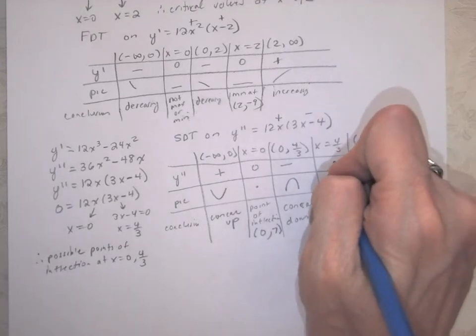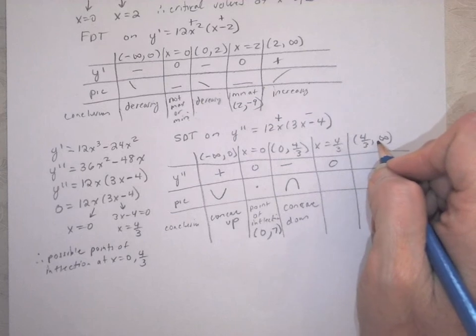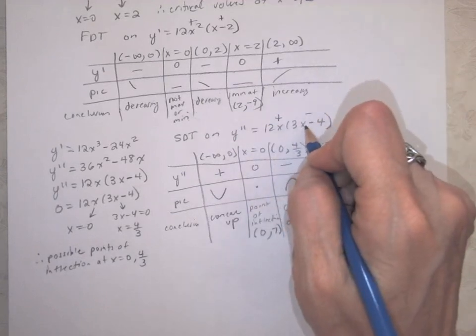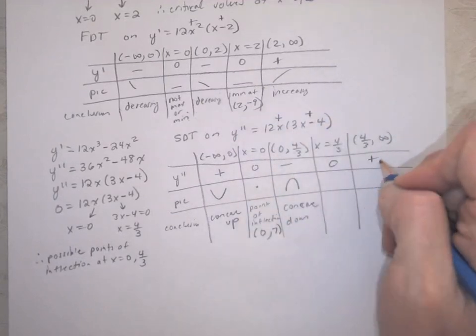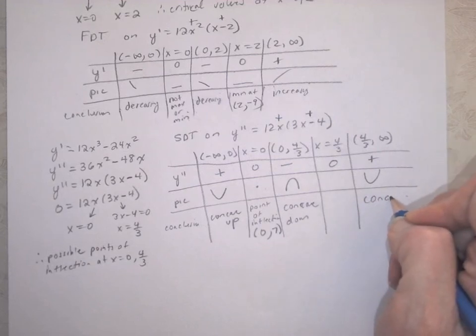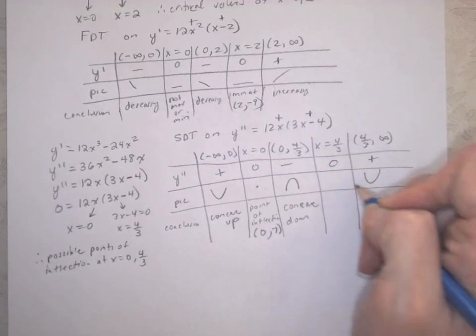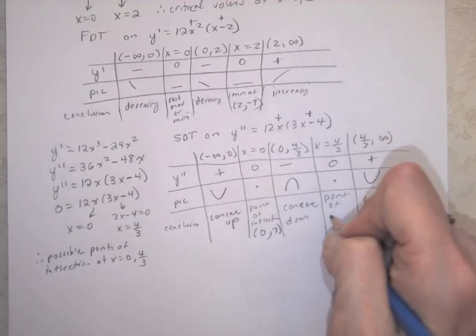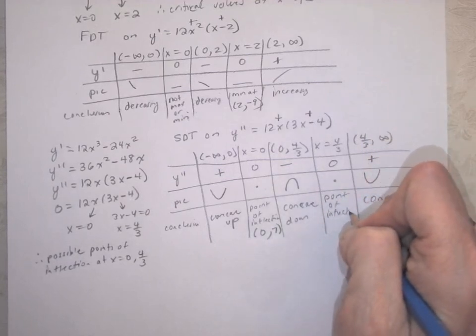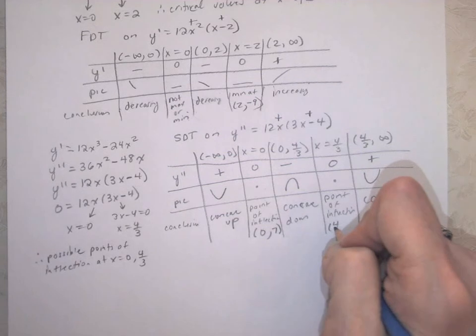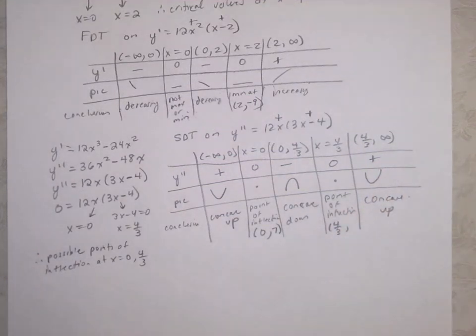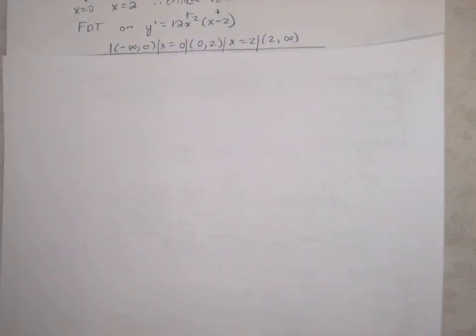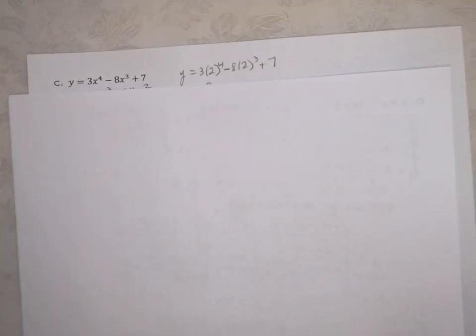X equals 4/3 would make this 0. So this is a number like 2, which would make this positive as well. So we're concave up again. So we have another point of inflection, this one at 4/3. And then we have to figure out what happens when we sub 4/3 in here. So let's come up here.